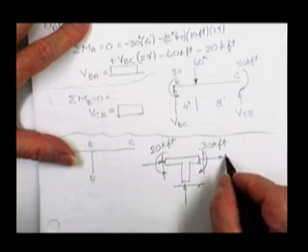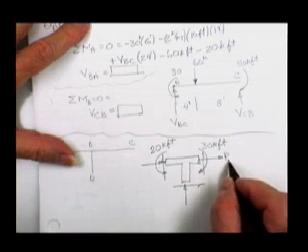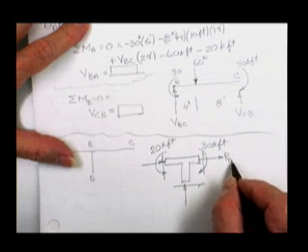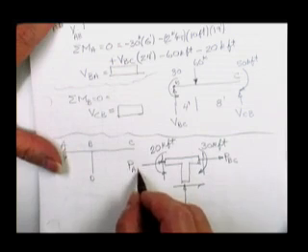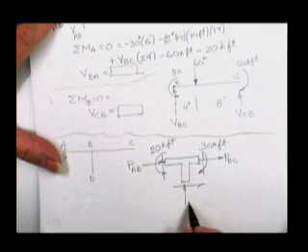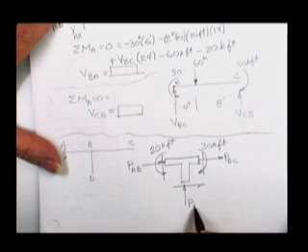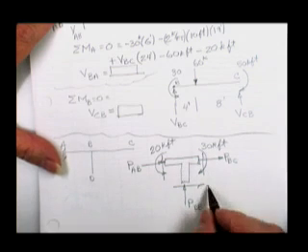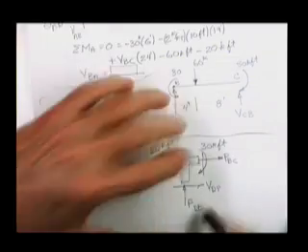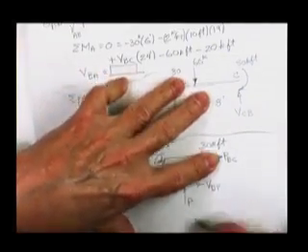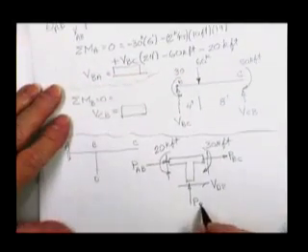This guy's name is the force in member BC. This is the force in member AB. This is the force in member DB. This is the shear in member DB looking down. This is the force at joint B looking down to joint D.